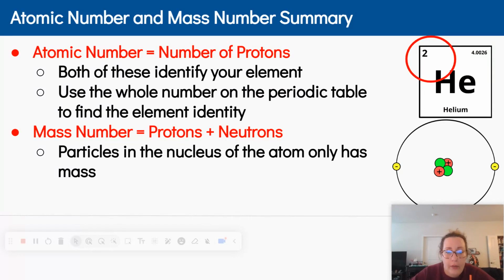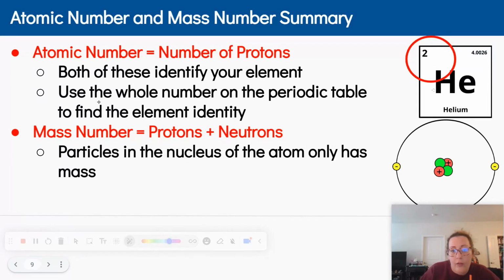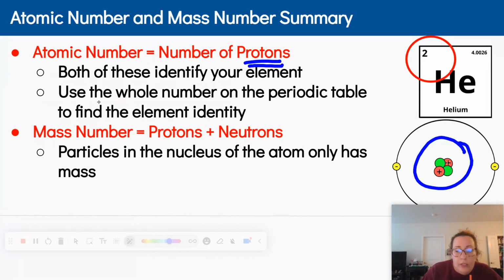So, atomic number is the same as your number of protons, and both of these are used to identify your element. Looking at the periodic table, it's going to be your whole number, and if you're looking at the model of the atom, it's going to be your number of protons. The other number that we looked at is mass number. So if you remember, only the particles in the nucleus have mass, electrons don't.